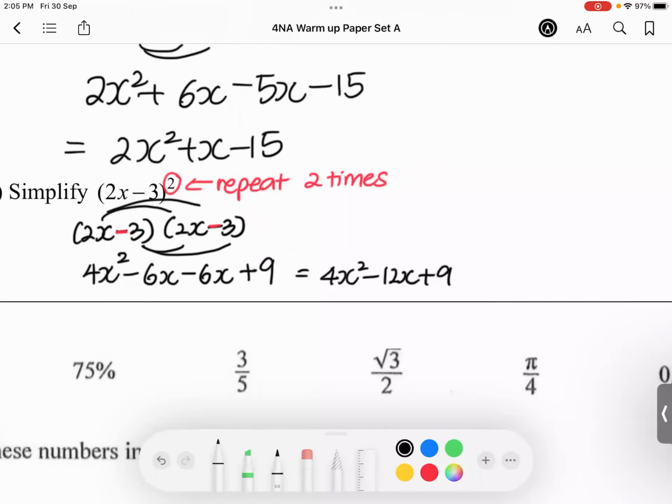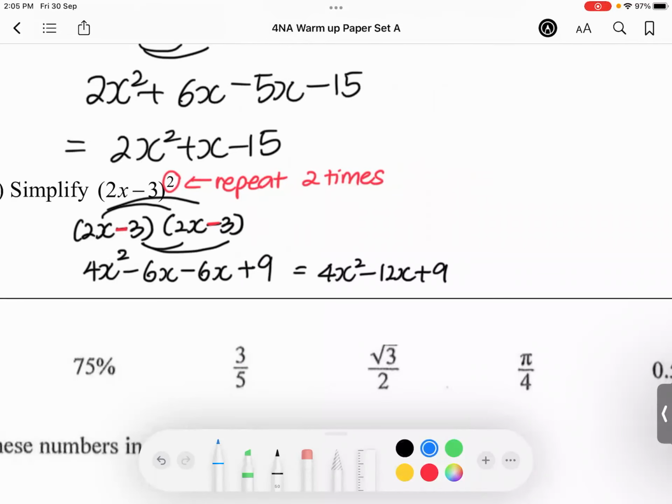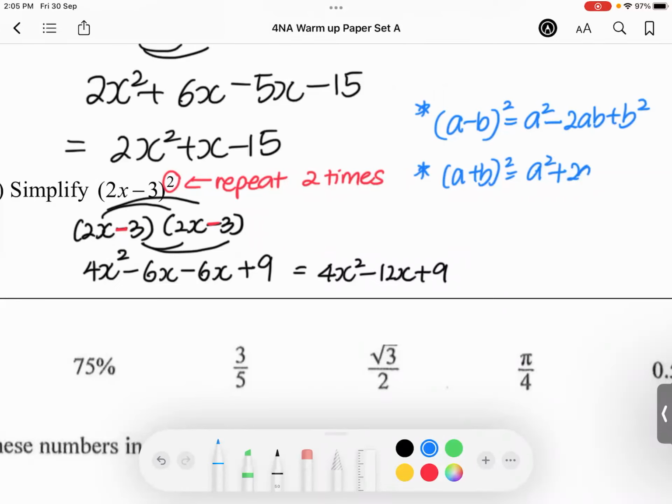Just to sidetrack a little bit, there are a few golden algebra rules that you need to know. Algebraic formula: a minus b whole thing squared is equal to a squared minus 2ab plus b squared. So this is one of the rules that you need to know. The second one, a plus b squared is a squared plus 2ab plus b squared.